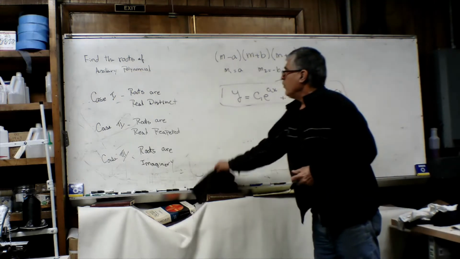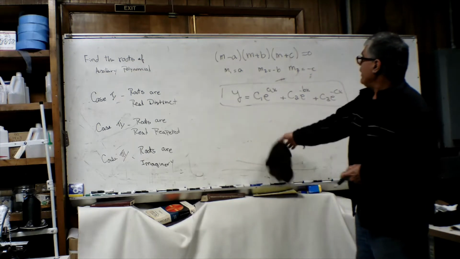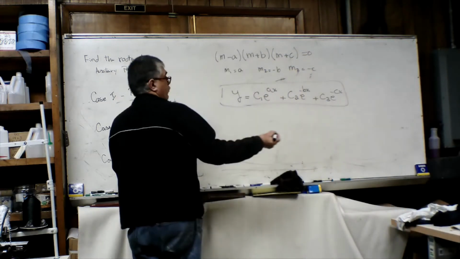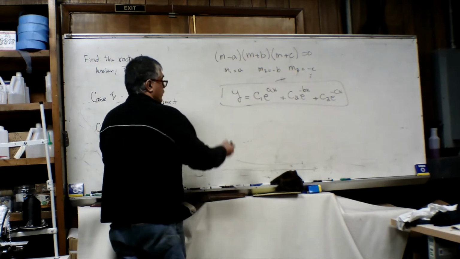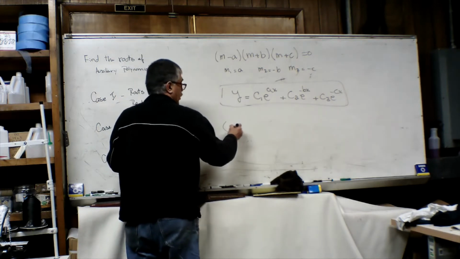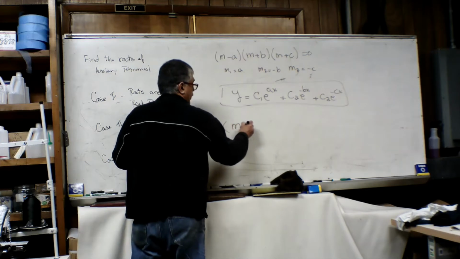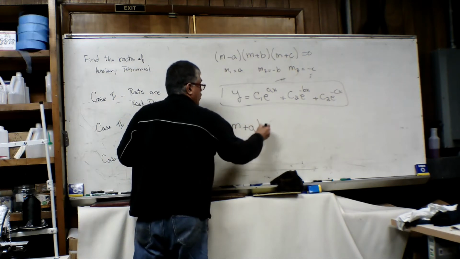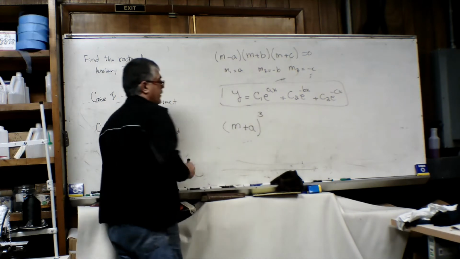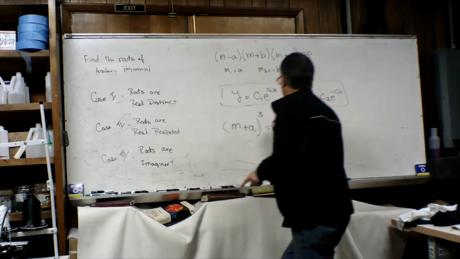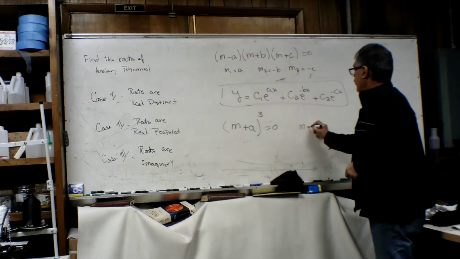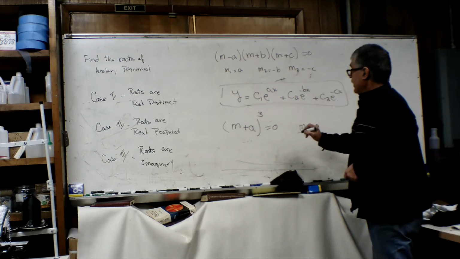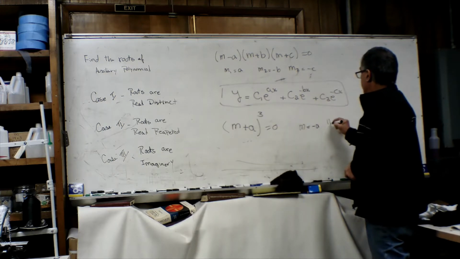Now, when the roots are repeated, let's say for example, after factoring, we are going to have (m plus a) to power 3 equal to 0. So here our m will be equal to minus a, 3 times.